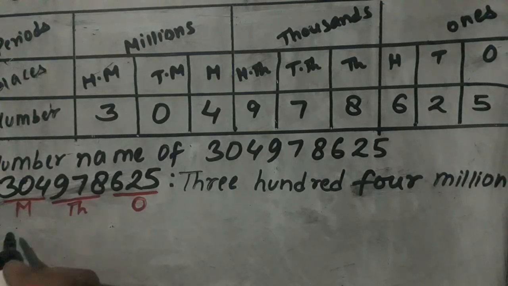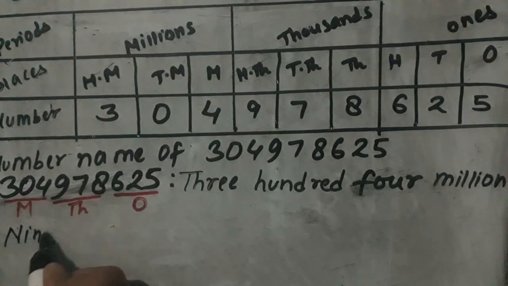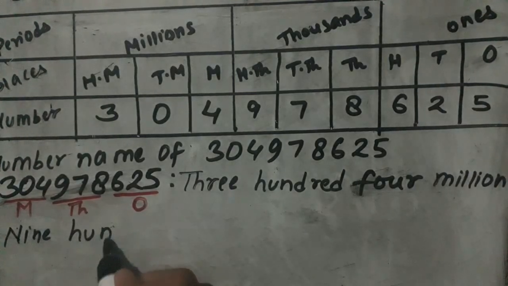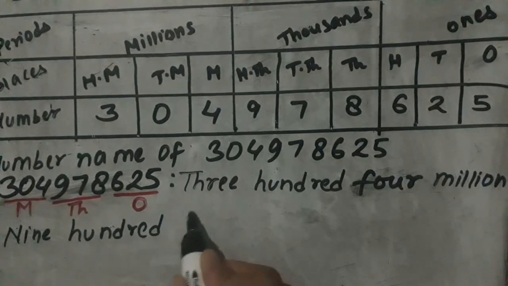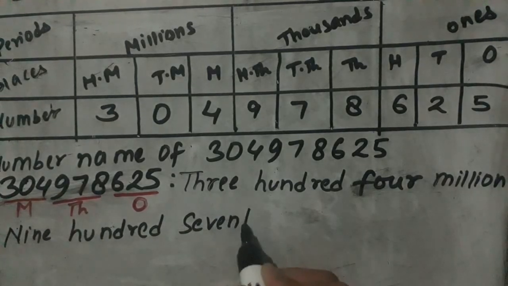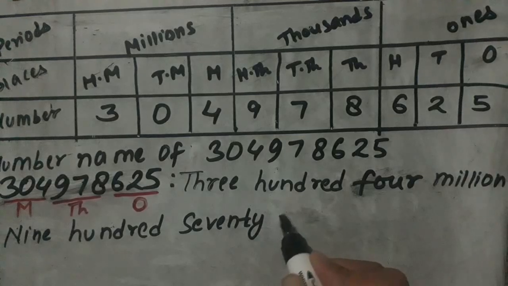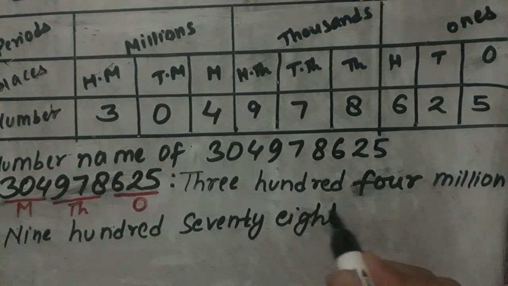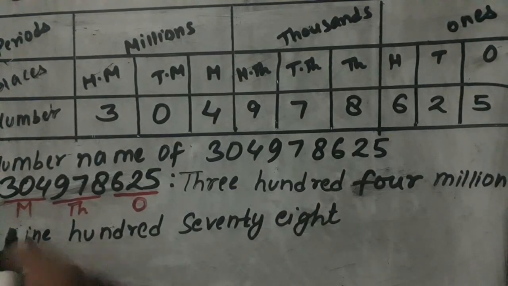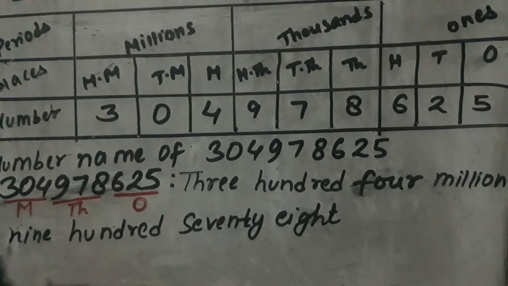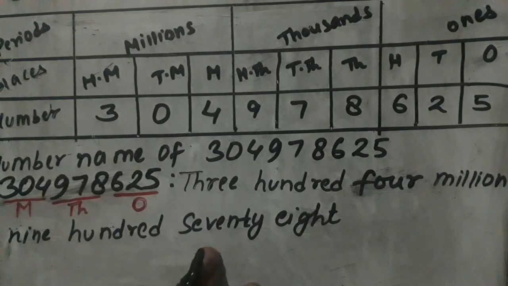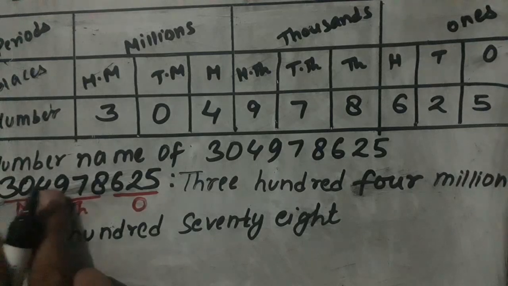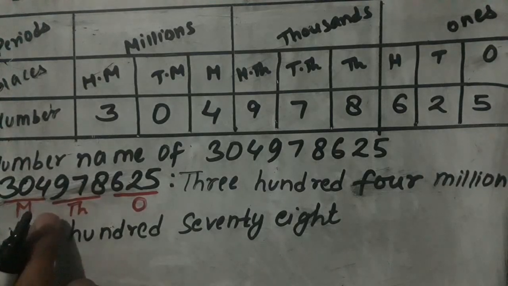So students, let's write 978. Here I have written 978. 978 lies in the period of which? In the period of thousand.